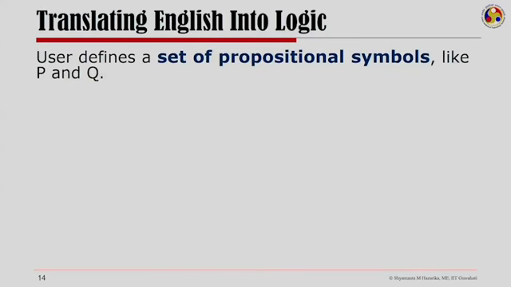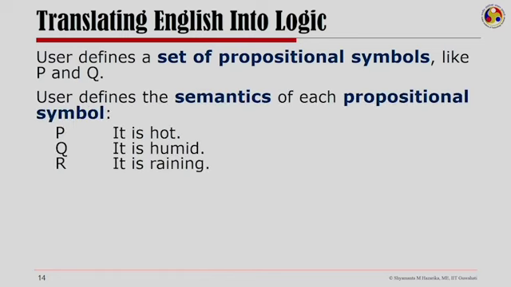Now, let us try to translate English into logic statements and look at the intricacies of the logical connectives as well as implications and biconditionals. In order to translate English into logic, the user defines a set of propositional symbols like P and Q, and thereafter the user needs to define the semantics for each propositional symbol.